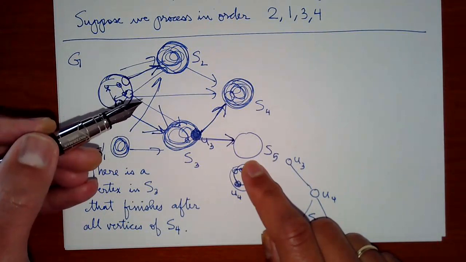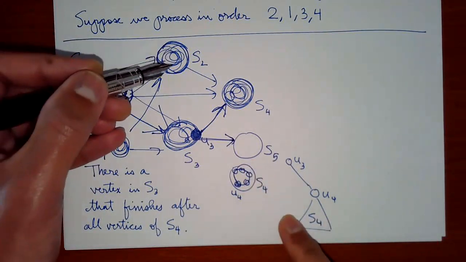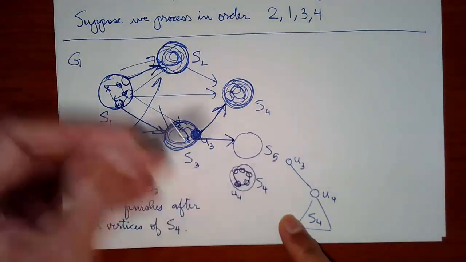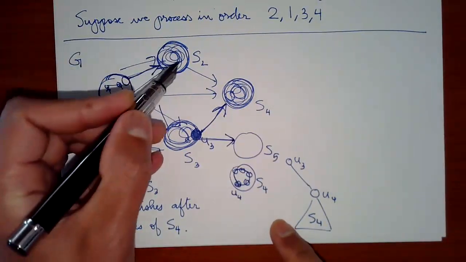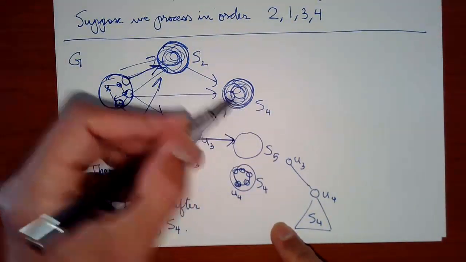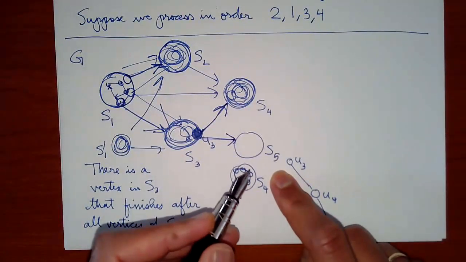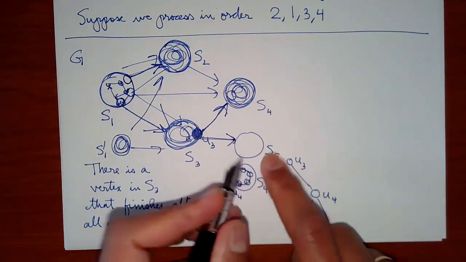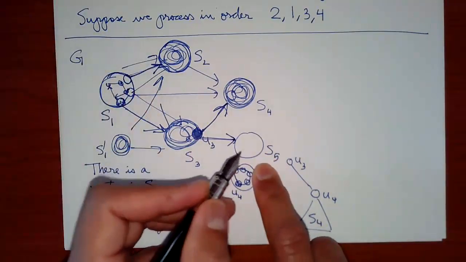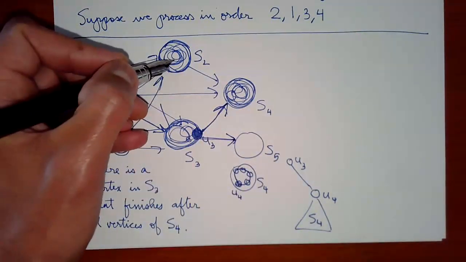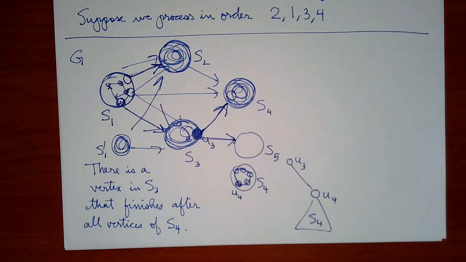It could happen that S2 finishes before S5, because S2 might start a DFS, visit all of S4, come back and finish. So S2 and S4 might finish and then S5 would finish. So S5 could finish after S2 even though S5 doesn't have any edges going out and S2 does have edges going out. Oh, I see, it only works one way. Right.